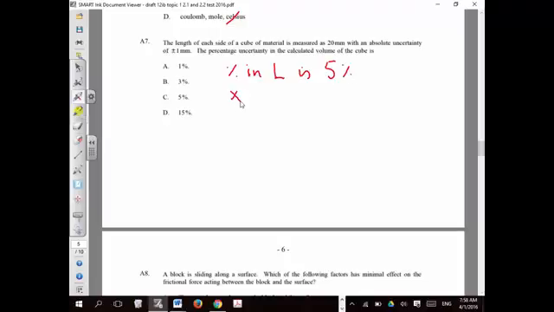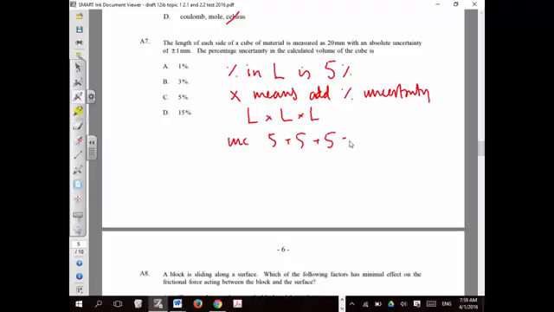So multiplication means add percentage uncertainty, and we have L times L times L. So the uncertainty is 5 plus 5 plus 5 equals 15%. Here we go.